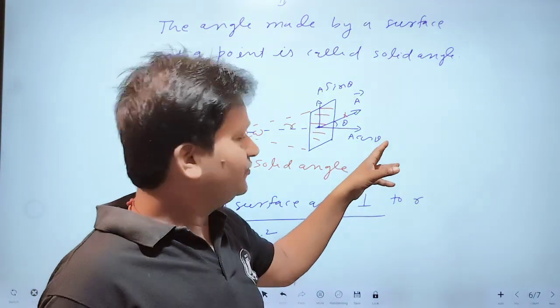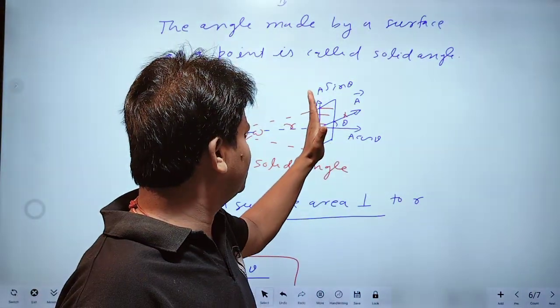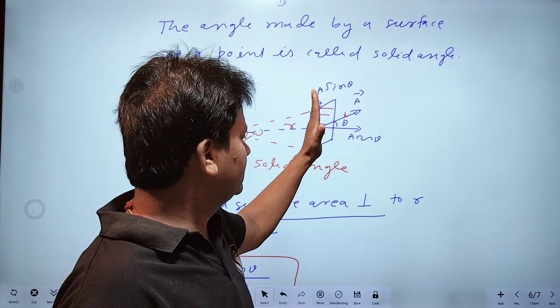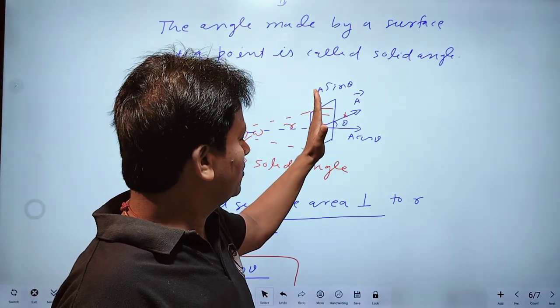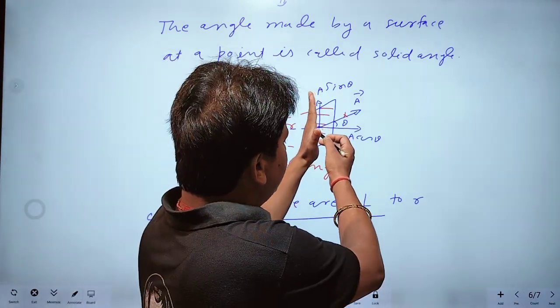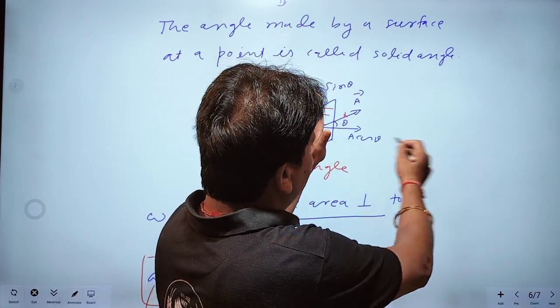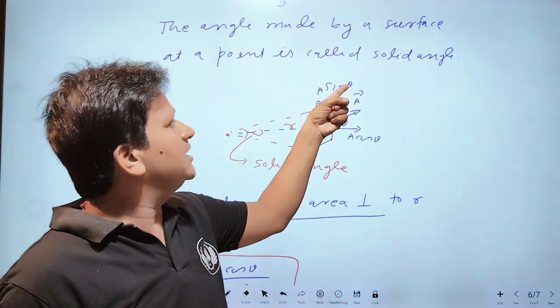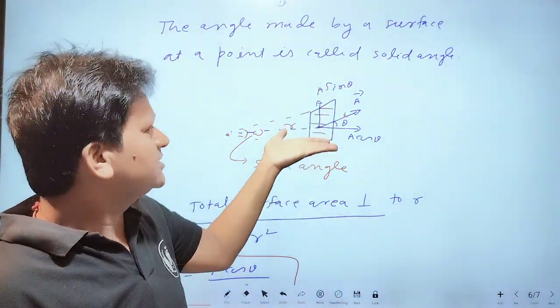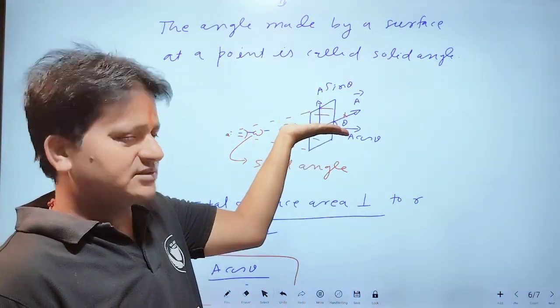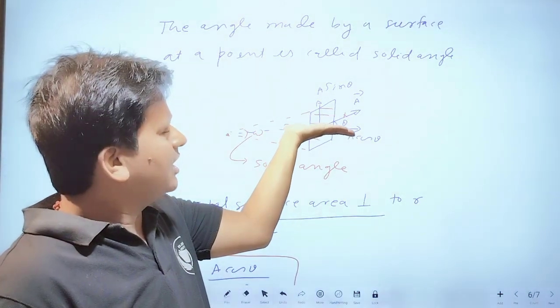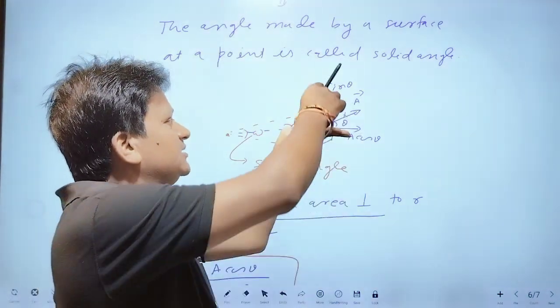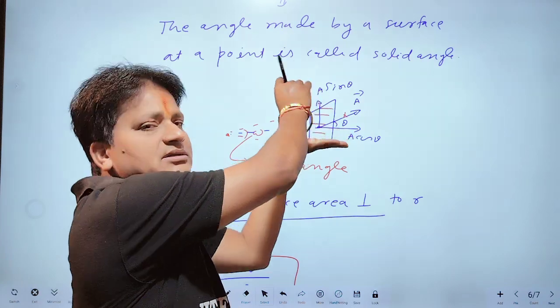But for a sin theta, the surface will be like this and direction will be perpendicular to the surface.